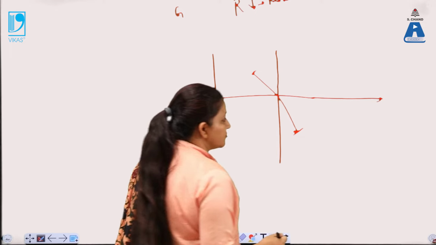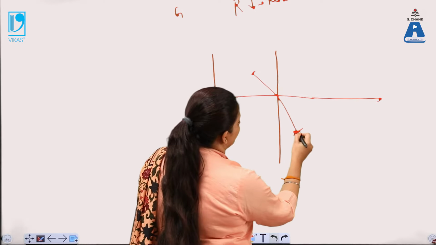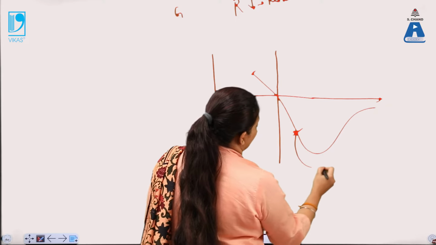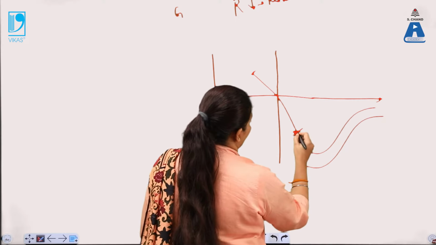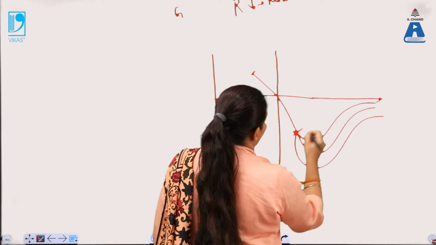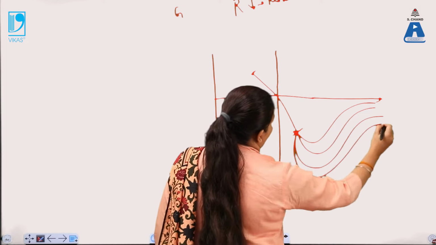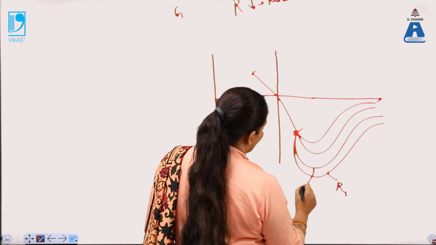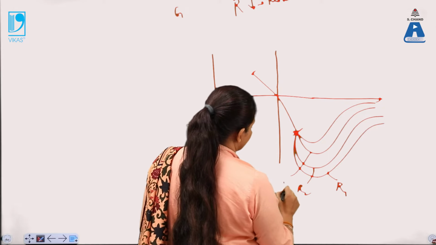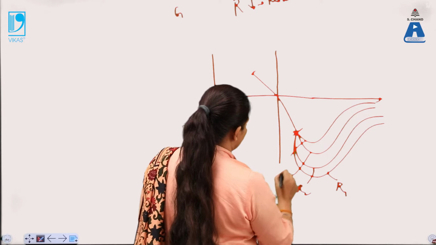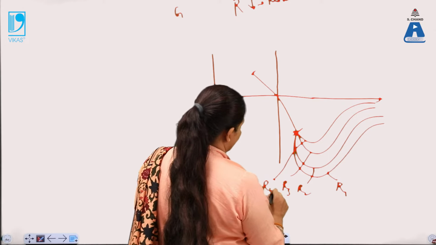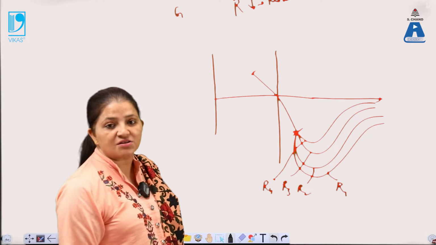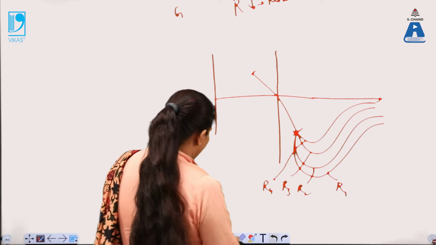Now when 4 resistors are introduced, if this is the R1, this is for R2, this is for R3 and that is for R4. So this is the effect of resistance on the generator characteristics.